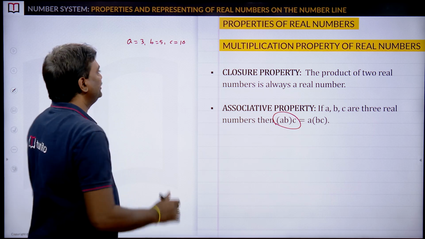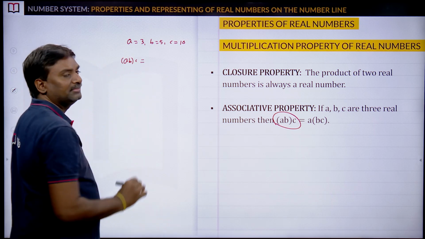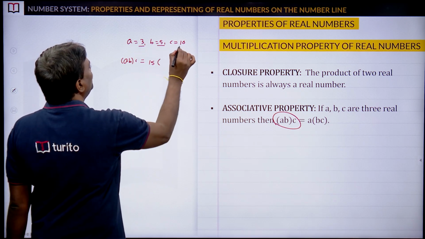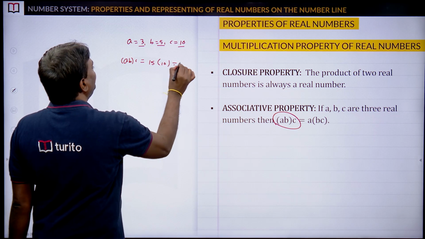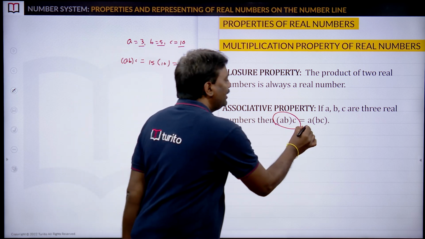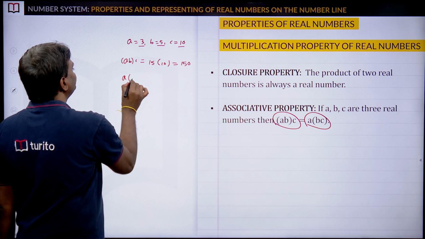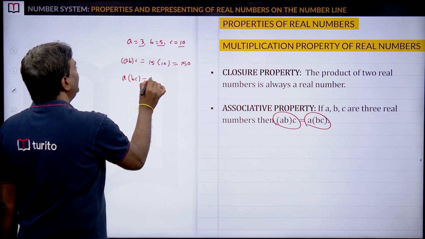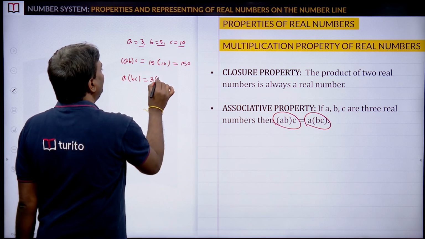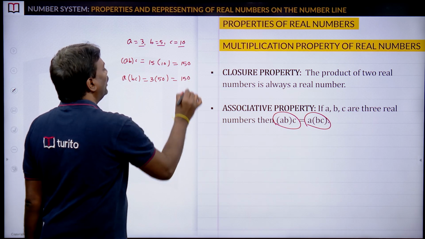Now, take the LHS part, (A into B) into C, where A into B means 3 into 5, 15, into C, 10. 15 into 10 equal to 150. Next, take the RHS, A into (B into C), where A equal to 3 and B into C means 5 into 10, 50, then 3 into 50, 150.